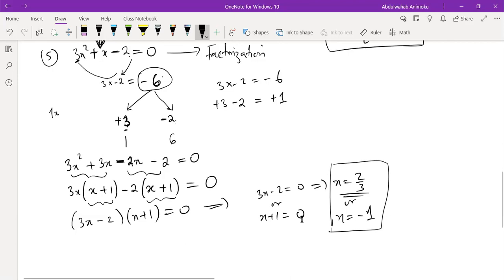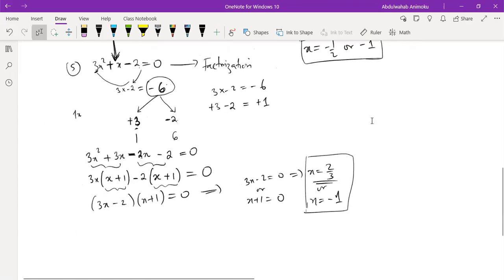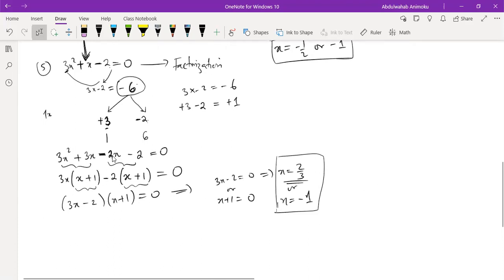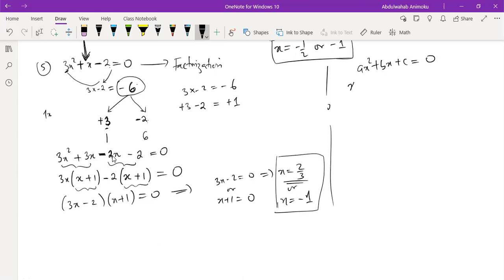So we are going to look at the last problem, but probably before we look at the last problem, let's just use the quadratic formula to solve this same problem. Okay, now what is the quadratic formula? It says that if you have the general form of a quadratic equation, the solution to this quadratic equation is given by minus b plus or minus square root of what? b squared minus 4ac all over 2a.